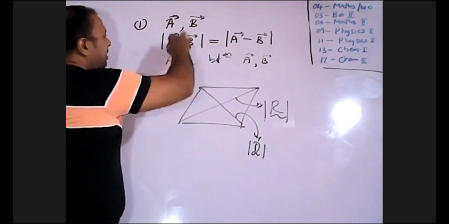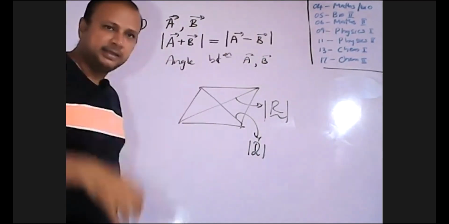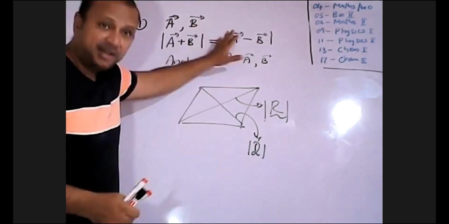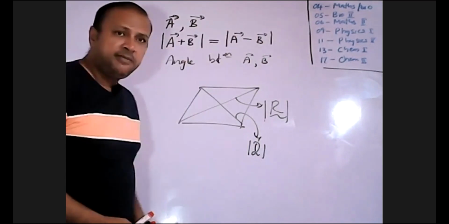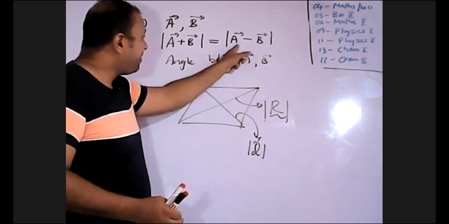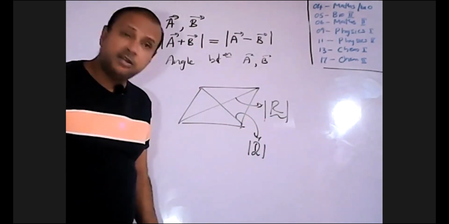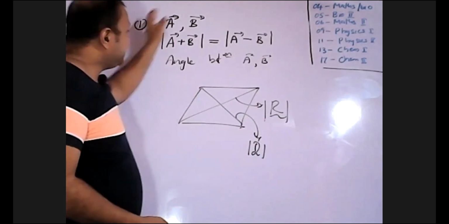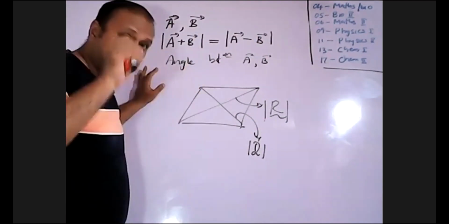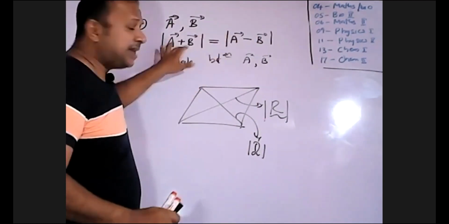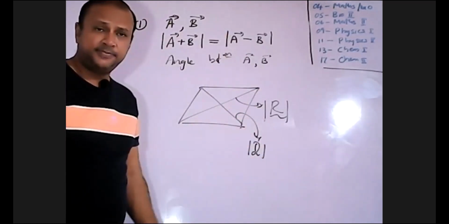So if you are given this kind of relationship, this is a geometric vector relationship. That means modulus of A plus B means one diagonal, and modulus of A minus B means another diagonal. That means if you consider this as a parallelogram, in that parallelogram two diagonals are equal in length.